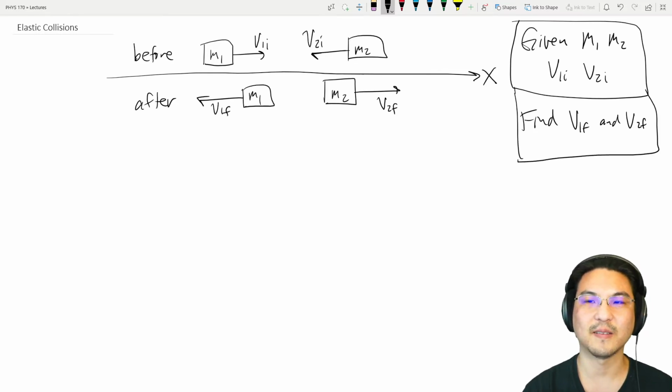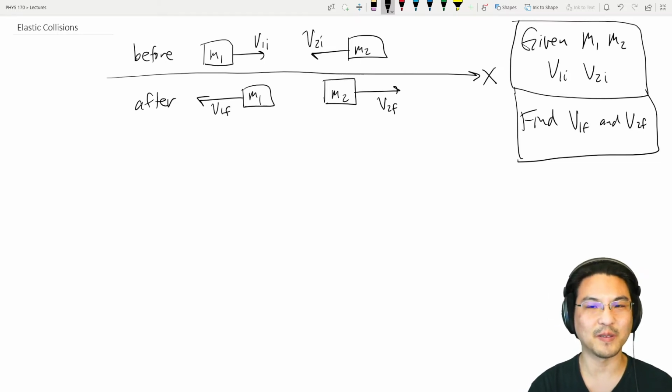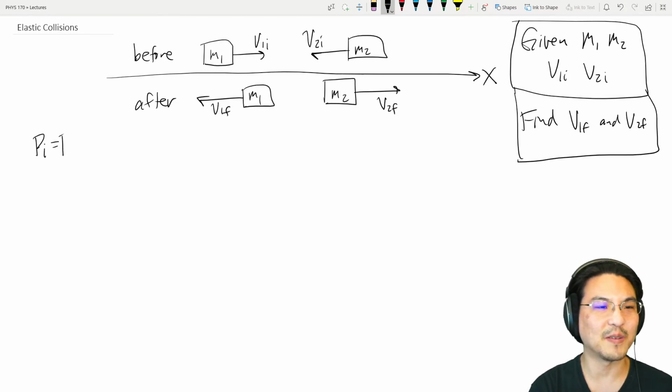Okay, so what do we do? For any collision, momentum is conserved. The momentum initial is the same as the momentum final.